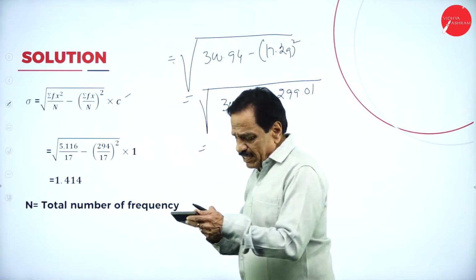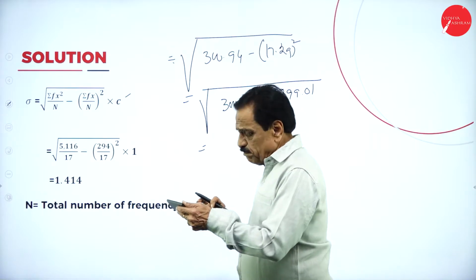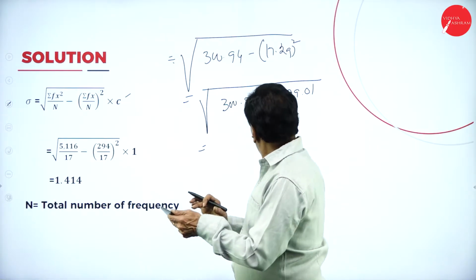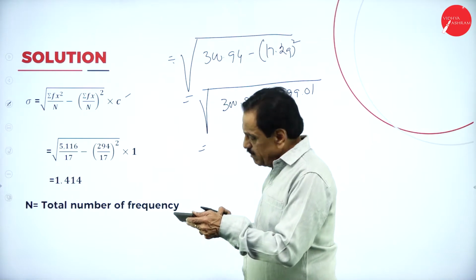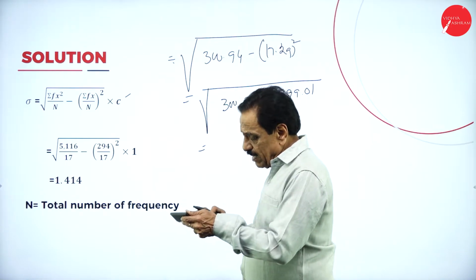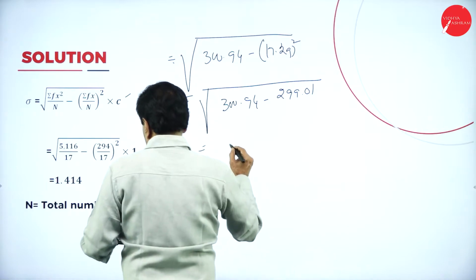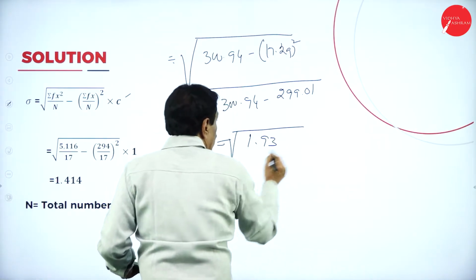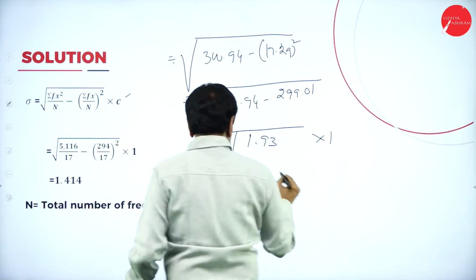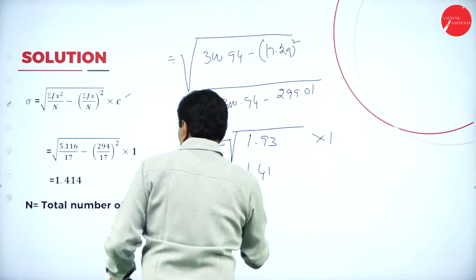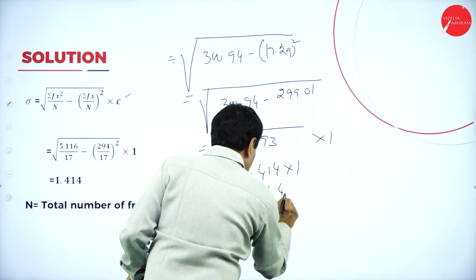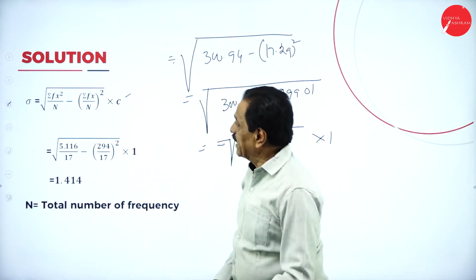Deduct this: 300.94 minus 299.01 is equal to 1.93 into 1. Root of this is 1.414 into 1. 1.414. This is the method.